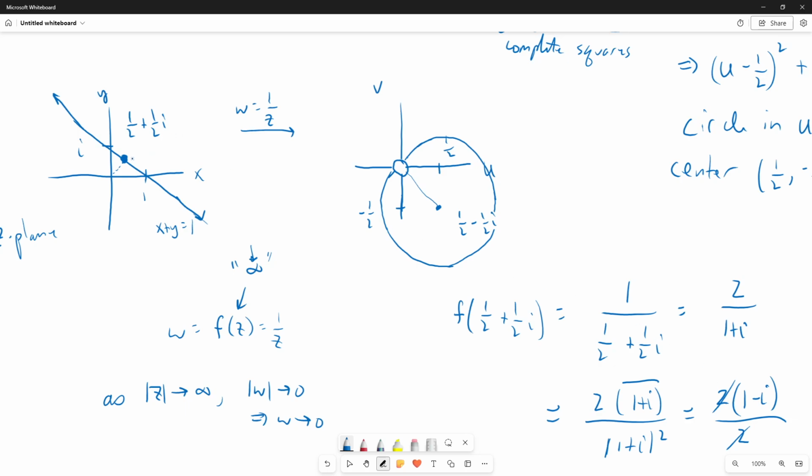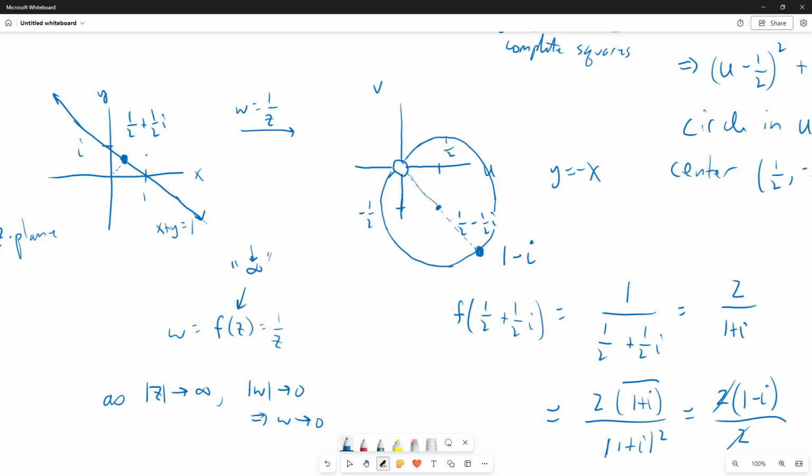And so the image of this point is the point 1 minus i, which is on the line y equals negative x. So it's on this 45-degree line. There's the point 1 minus i.